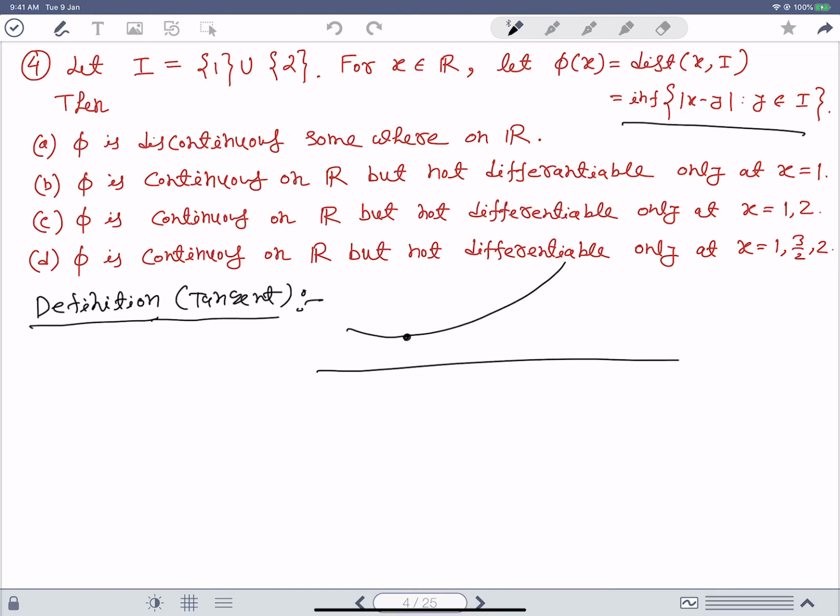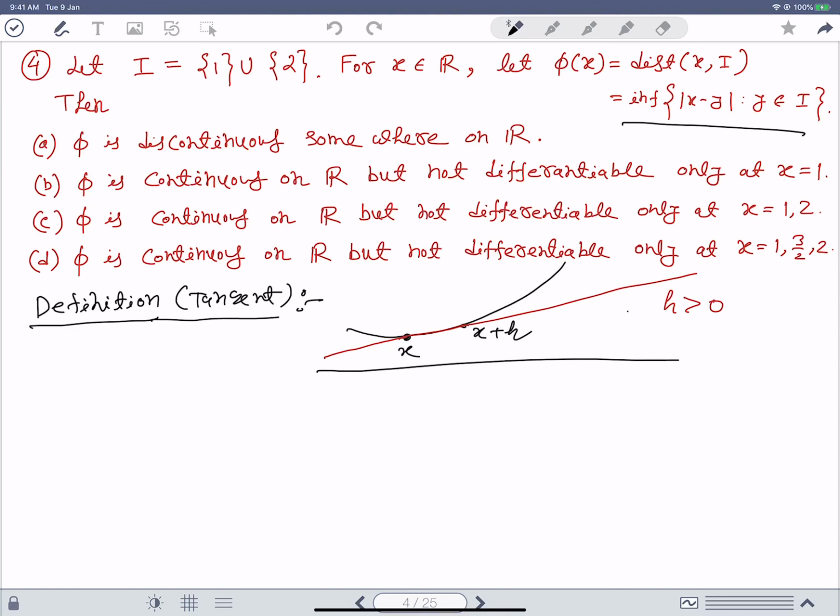Suppose you want to find the tangent at this point, and suppose this is your x. What you need to do to find a tangent of a curve is choose any other point closer to this x, say x plus h, and just draw the line between x and x plus h, say this one, where h is bigger than 0.